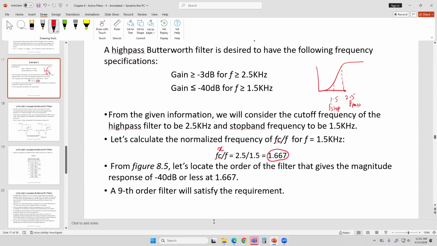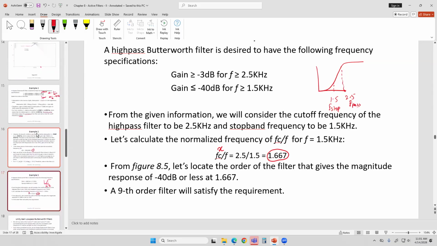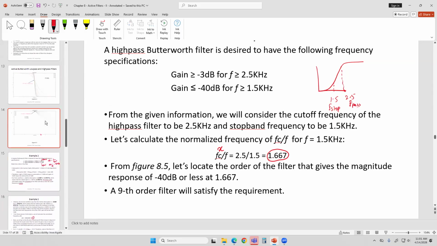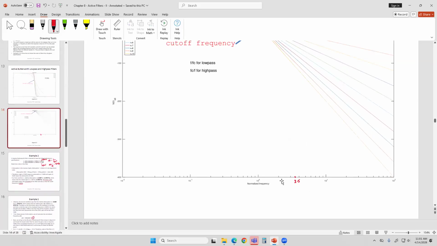So we are still going to use the same graph. And we will see what is going to be the order of the filter that will give us negative 40 decibel or less at 1.667. So we go to the same graph, and we do 1.667 now instead of 2.5. It's going to be somewhere over here between 1 and 2. So let's say 1.667 is this, 1.67.